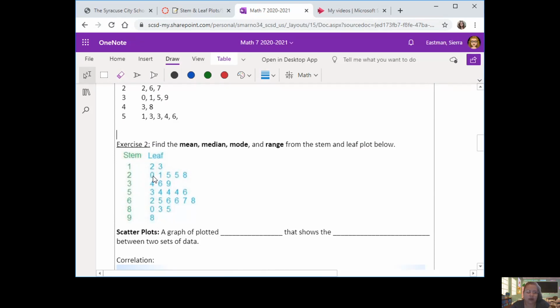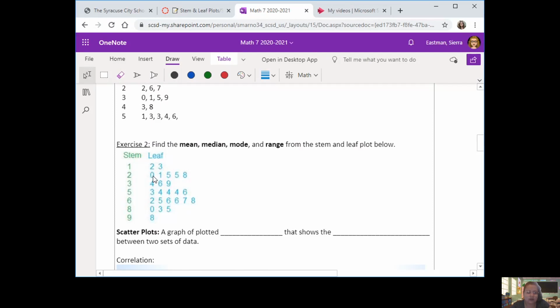Then we've got 34. Oops, I think I made a mistake here. Let me recheck. There we go. So plus our 34, plus our 36, plus 39.